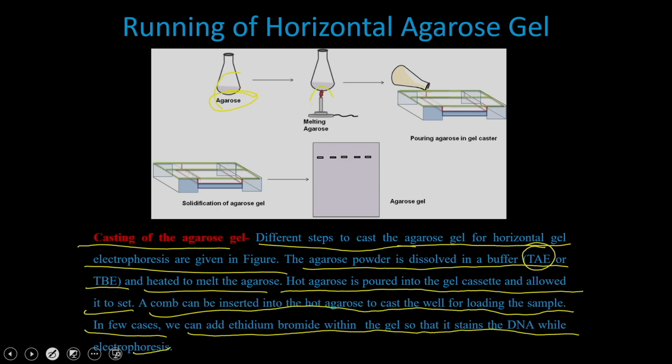You can use the burner or the microwave, and once it gets dissolved, at this step itself you have the flexibility of adding the ETBR, and then you pour it into the gel cassette, and before it gets solidified, you can also put the comb, so that it gives you the wells. And once the wells are prepared, you can load the samples onto those wells, and you can dissolve the gel DNA to visualize.